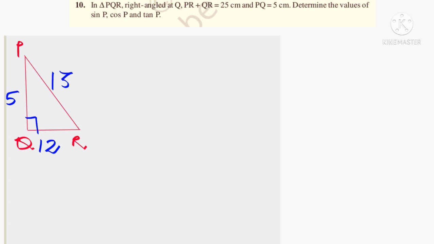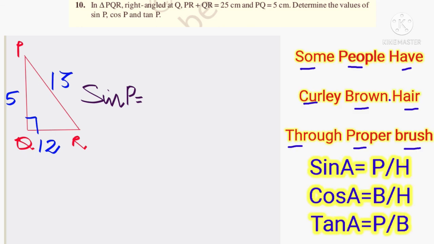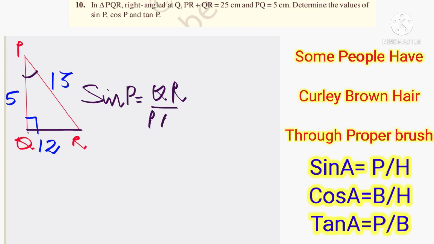Now we are supposed to find out the values of sin P, cos P and tan P. Now let us write down the formula for sin P. Since I am considering angle P, PQ becomes the base and QR becomes the perpendicular. So I have P upon H, that is QR upon PR, so I get the answer as 12 by 13.